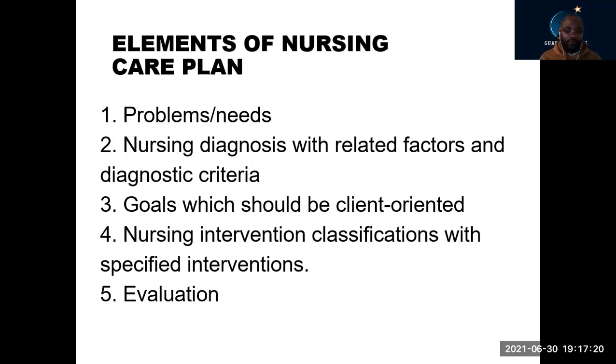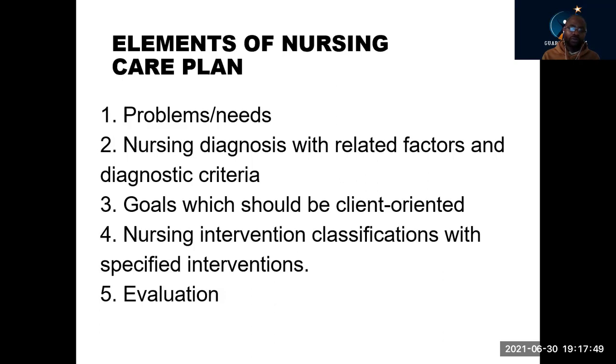The fifth element is the evaluation. The evaluation stage is where you as a nurse now evaluate your nursing interventions, whether they were effective enough to achieve the goal that you set in order to end the problem that you identified. This evaluation must have evidence as well.